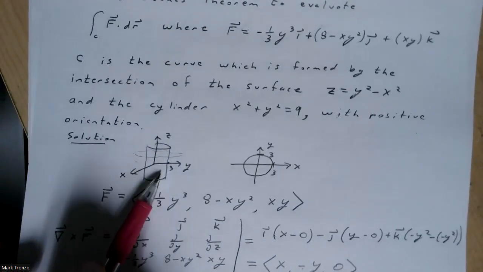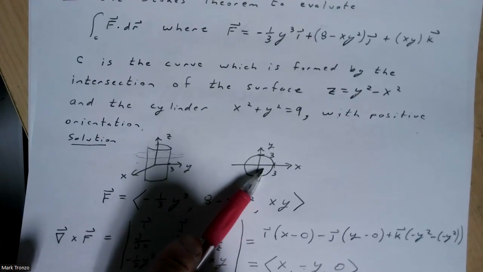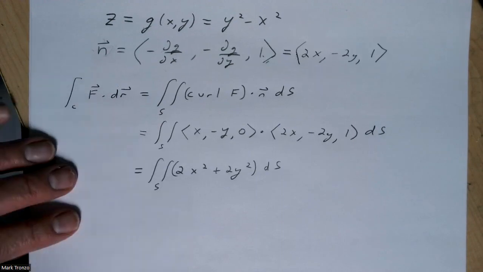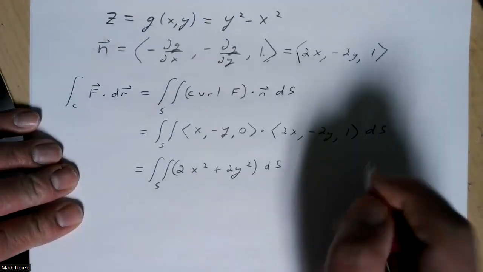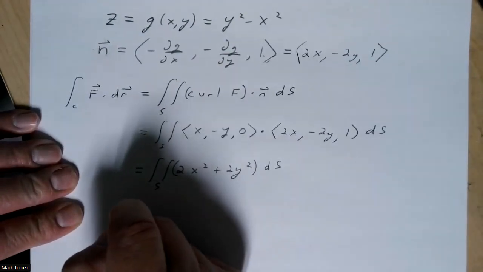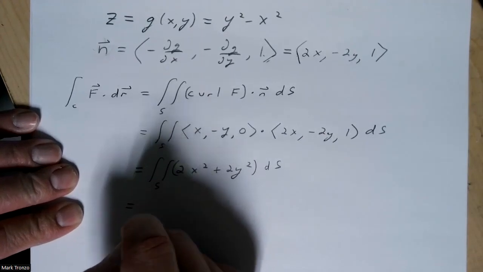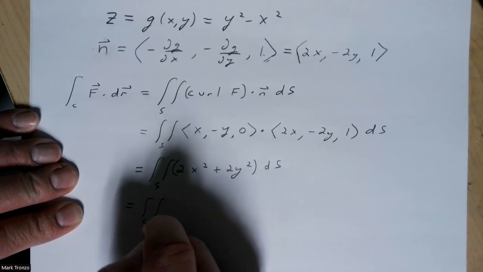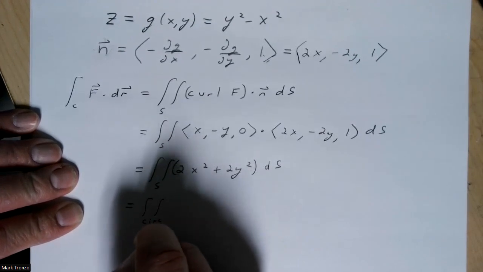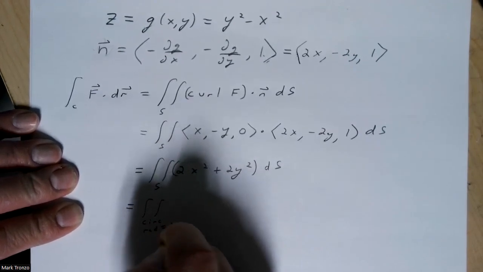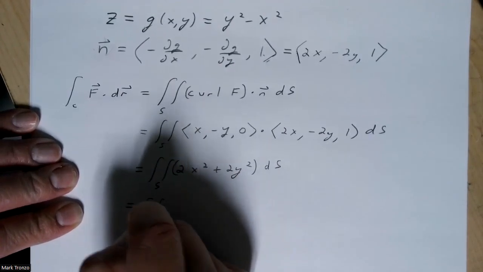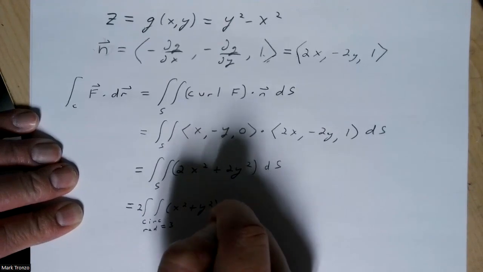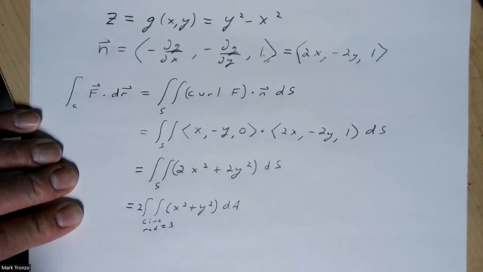We have this surface here, the projection in the xy plane. Our domain was a circle of radius 3. Let me factor out the 2: 2 times x squared plus y squared, dA.